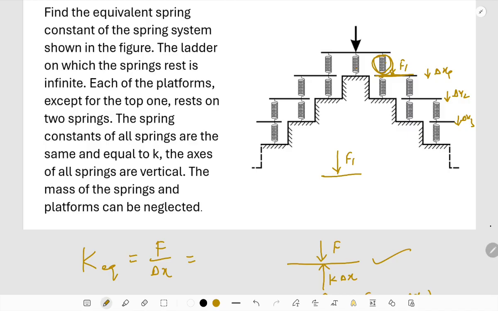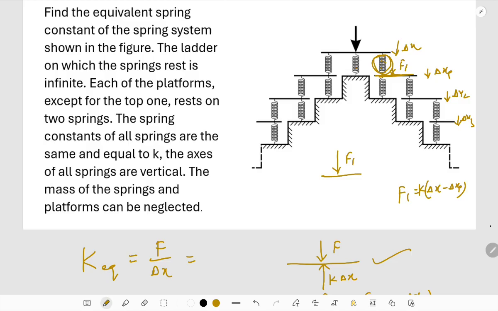The compression of the upper platform is delta x, so this spring is compressed by a length delta x minus delta x1. So F1 we can write simply as k times delta x minus delta x1.